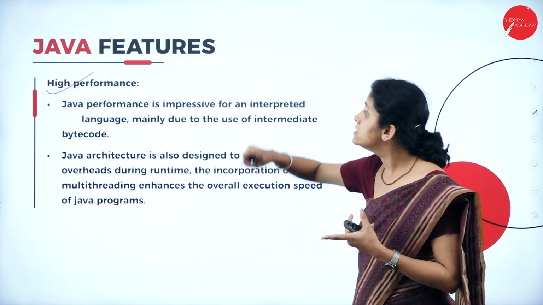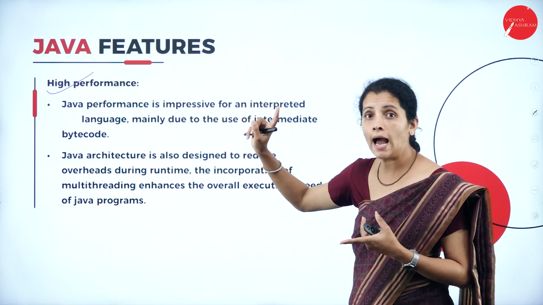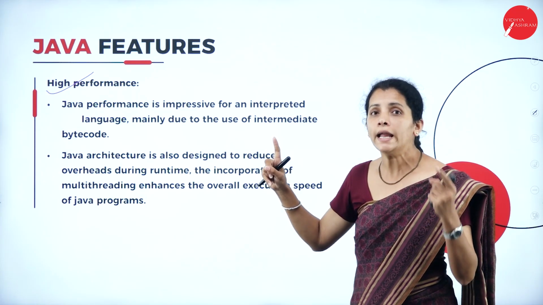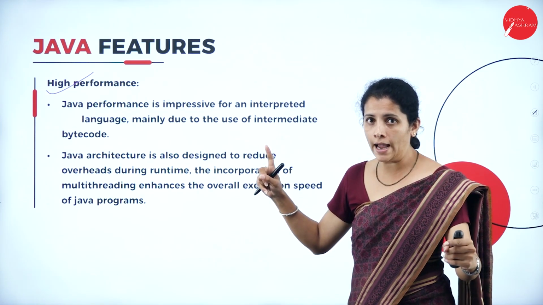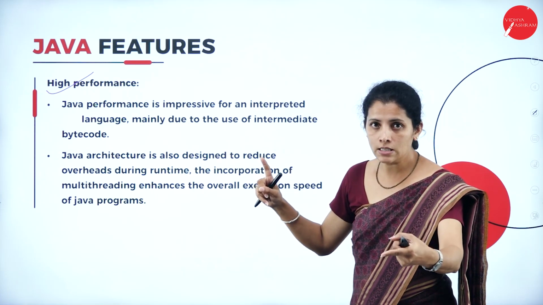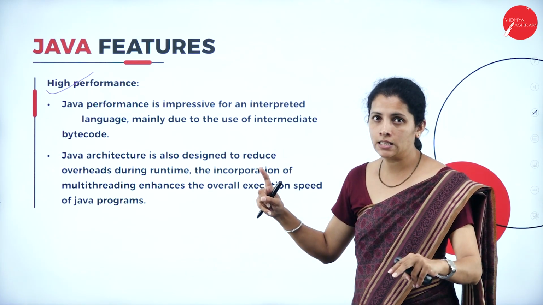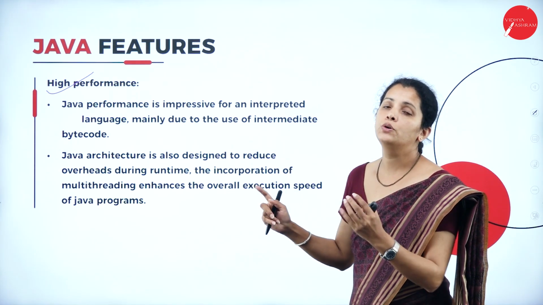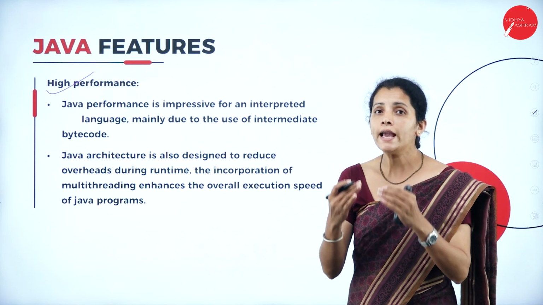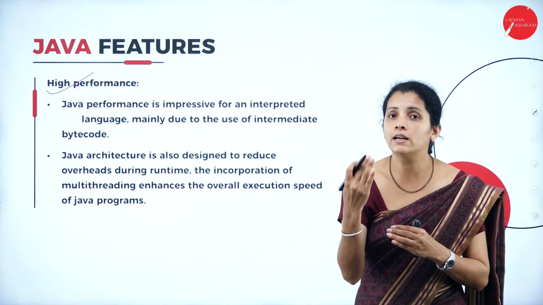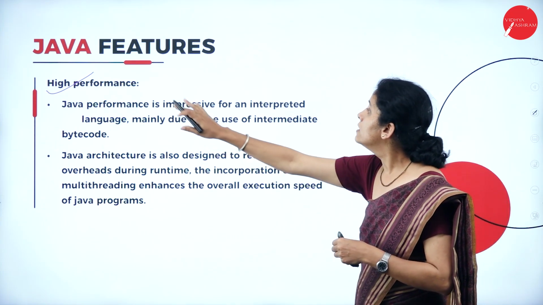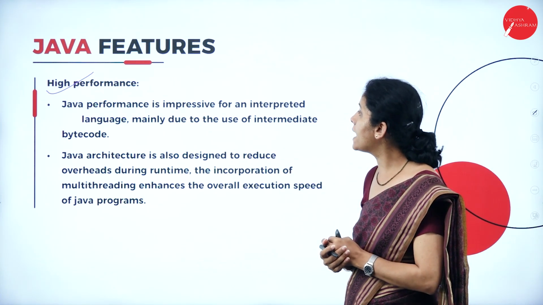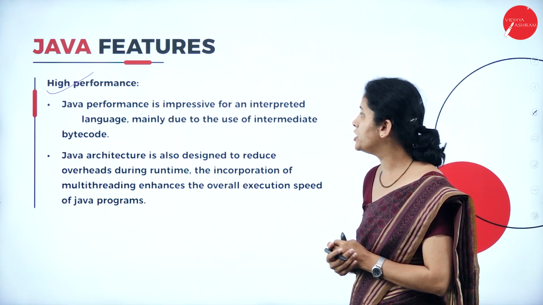Along with that, Java is also known as an interpreted language. So interpreting means what? Execute one line at a time, give the result, then execute the next line and produce the result. So Java performance is impressive for an interpreted language.